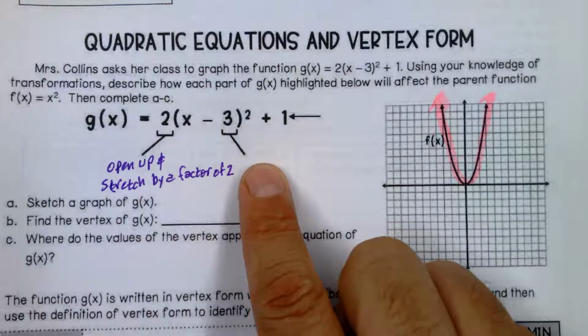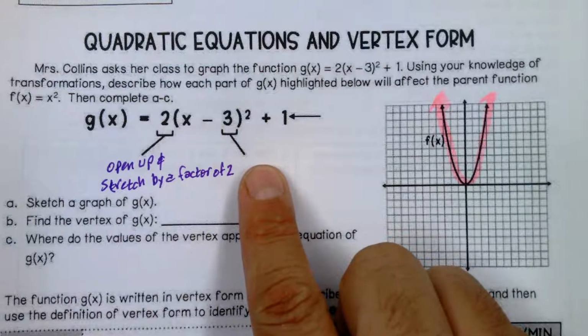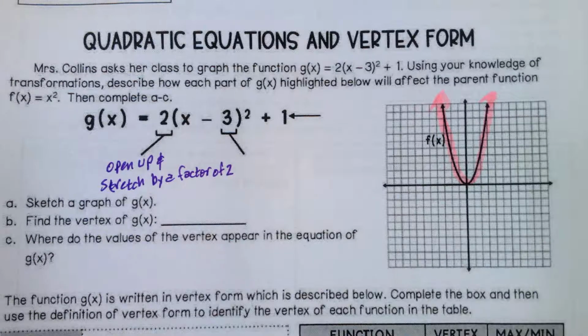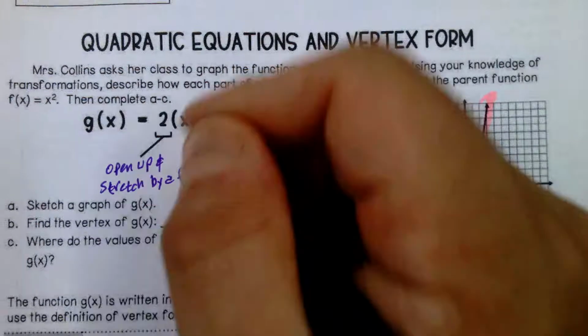Now this 3 here. Remember we talked about that more so on Monday. This gave us a shift. It's going to move along the x-axis. So is it going to move 3 spaces right or left? Right.